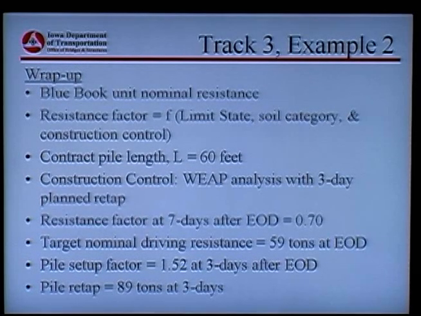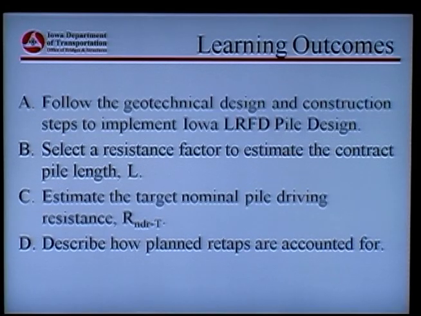Target nominal driving resistance is 59 tons at end of driving. Setup factor is 1.52 at 3 days. That gives you 89 tons target driving resistance at 3 days. Right? Here are the outcomes of this presentation. You should be able to follow the steps, determine the right resistance factors, determine the contract length, and the target driving resistance at end of driving, as well as at the 3-day retap.